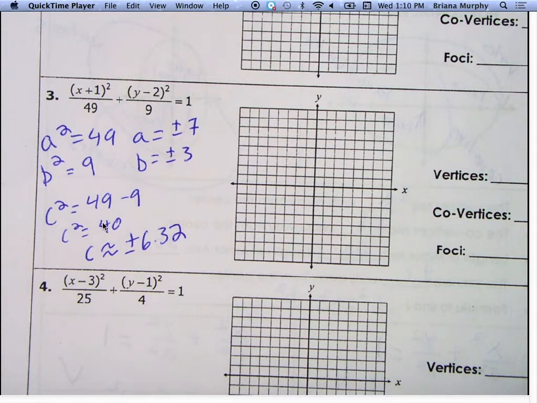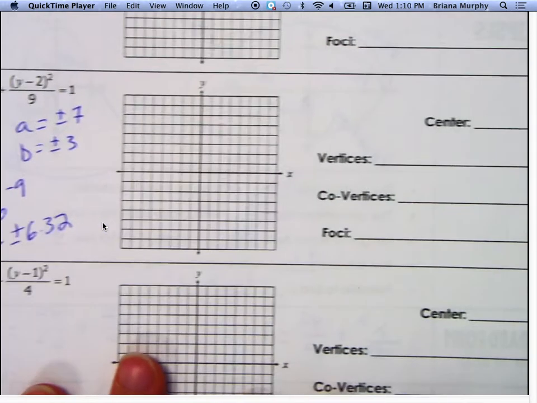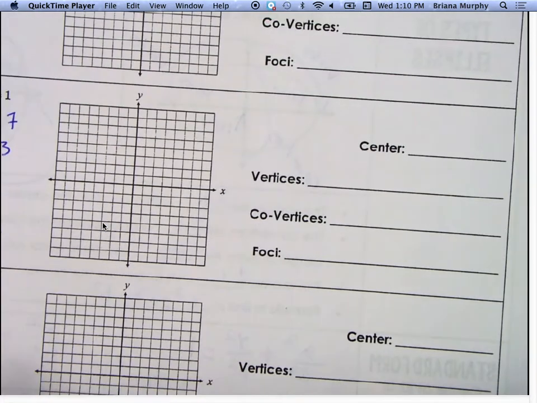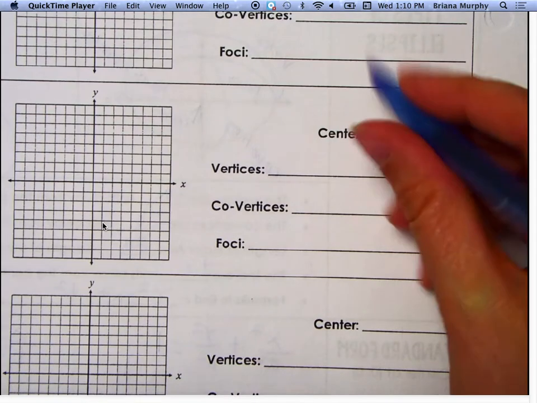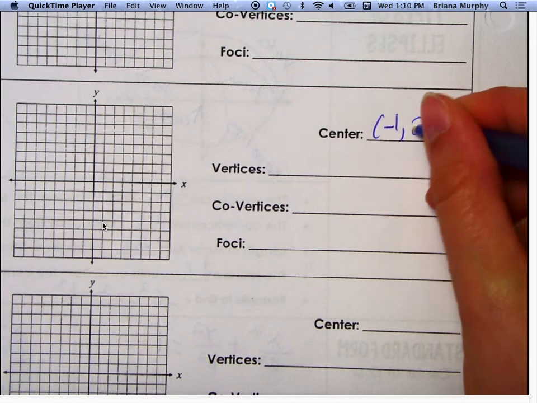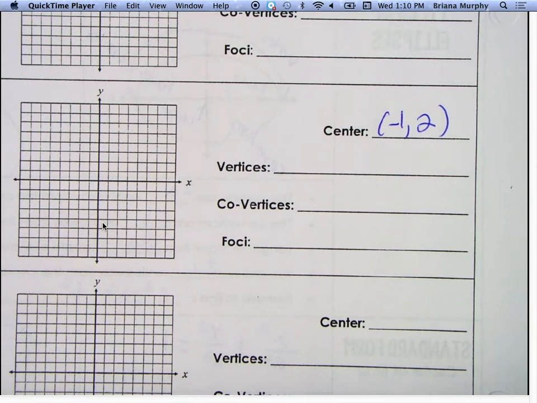Okay, here's where it gets complicated. We're going to add something new. We have a different center, and I'm going to show you how that's going to change things a little bit besides just the center. Okay, so what is the center for this? -1, +2. Since the center is -1, +2, we have moved our whole ellipse over, right?